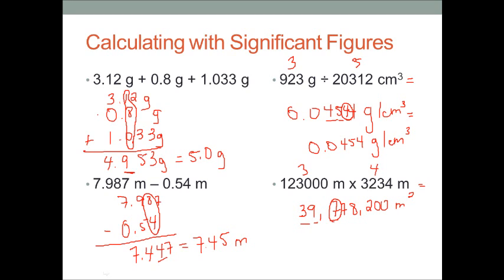So we're going to round to here. So that will equal 39,800,000 meters squared. This concludes this video. Thank you for watching.